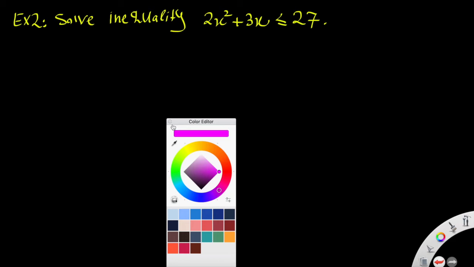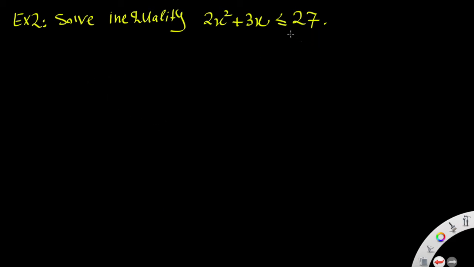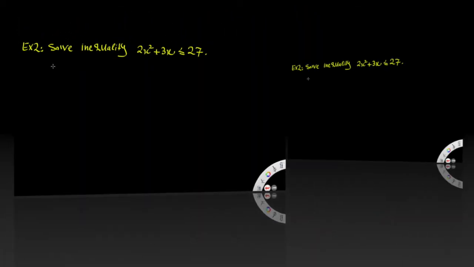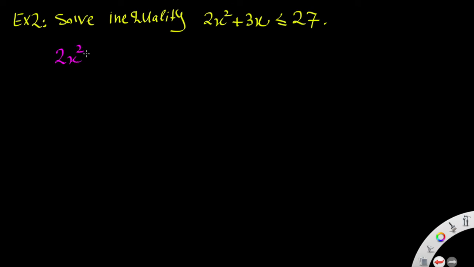Now, step 1, as on the right hand side you have 27, it should be rewritten as a standard quadratic inequality in which the right hand side is 0. So I first transfer 27 to the left hand side, so it would be less or equal to 0.